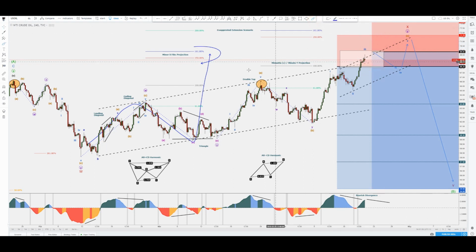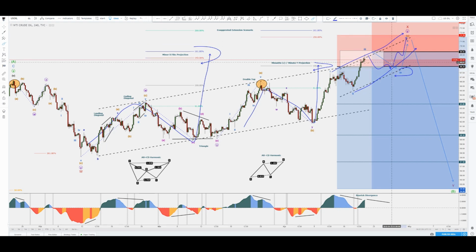So we have a reaction of the 161.8. 100% of A and B was breached. That doesn't necessarily mean it's going to go up. In an ending diagonal scenario, this wave would typically need to terminate and then rise.